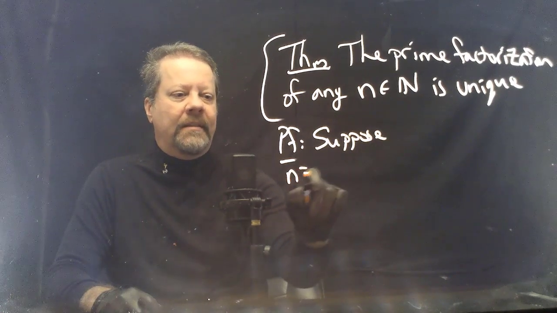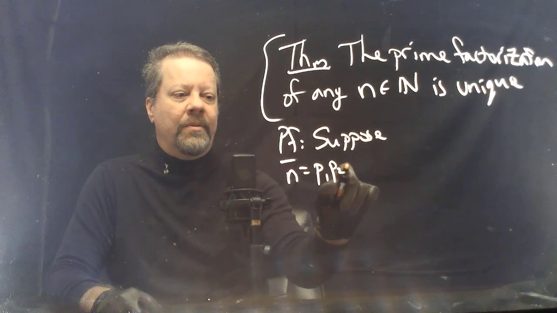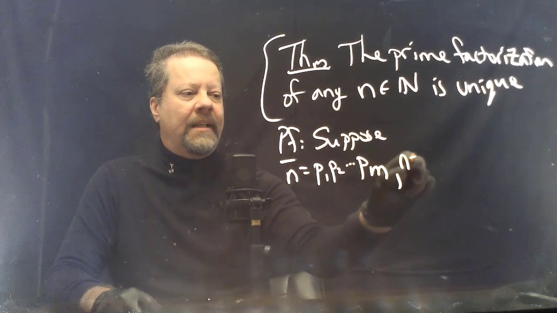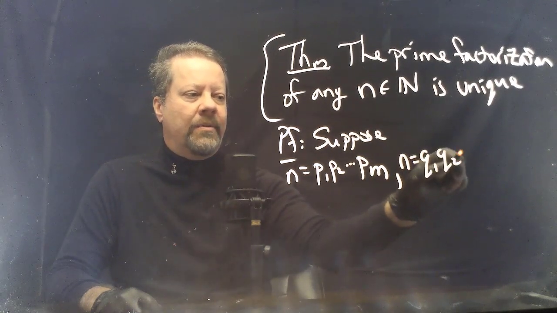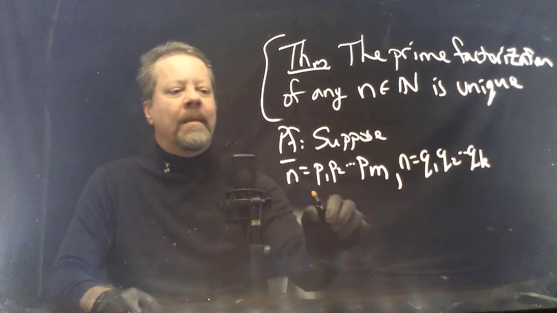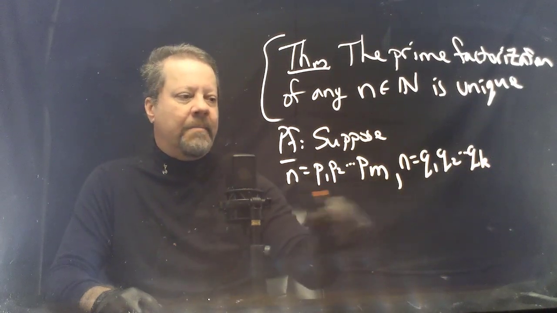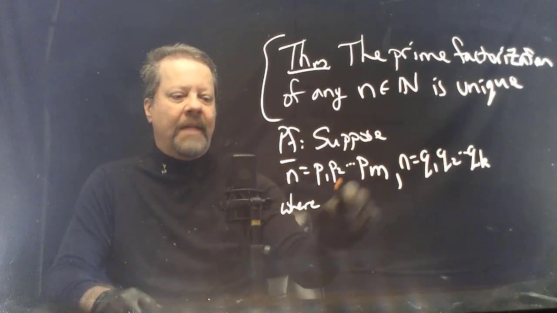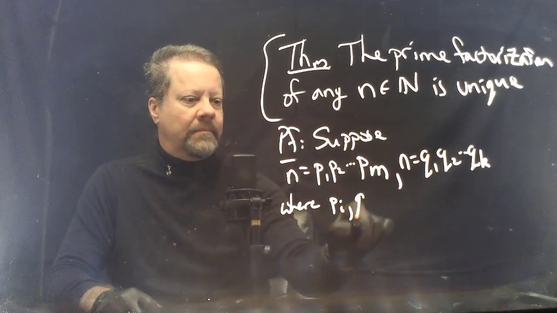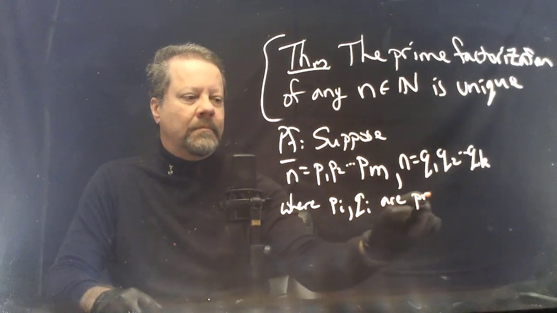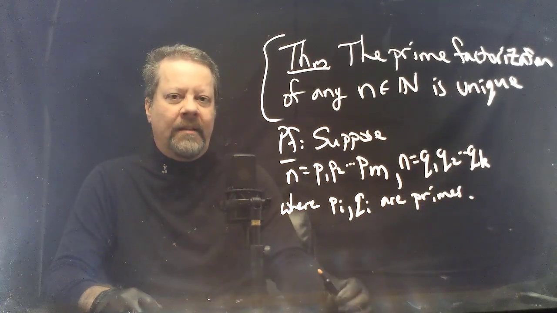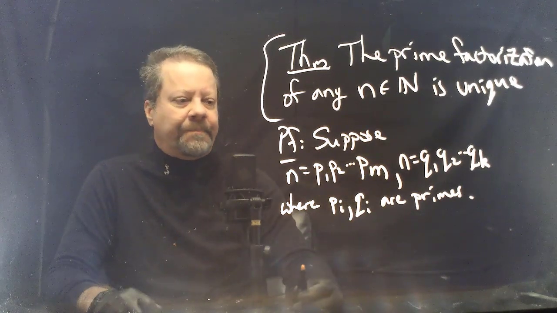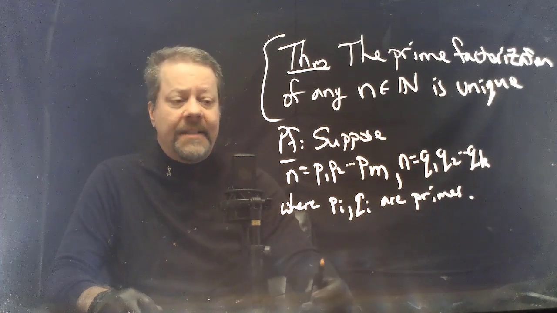Suppose n is p1, p2 through pn, and also n is q1, q2 through qk. We're not assuming they're the same number of primes, where each of these is a prime. We could have the same prime listed multiple times in the list. We're not using the powers just for convenience. But at least each of these factors is a prime.